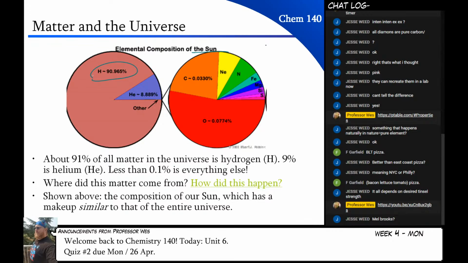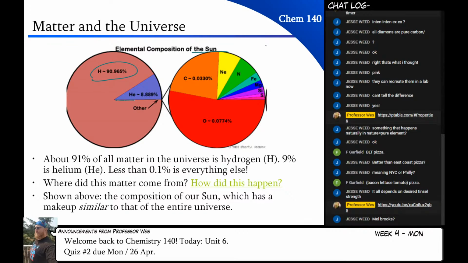I actually don't know the age of the sun and if we are a young star relative to everything else, which would mean we have more hydrogen available, or if we're an older star, which would mean we have less hydrogen than on average, because new stars are forming all the time and old stars are dying all the time. But anyway, the point is most of the universe is hydrogen and helium.